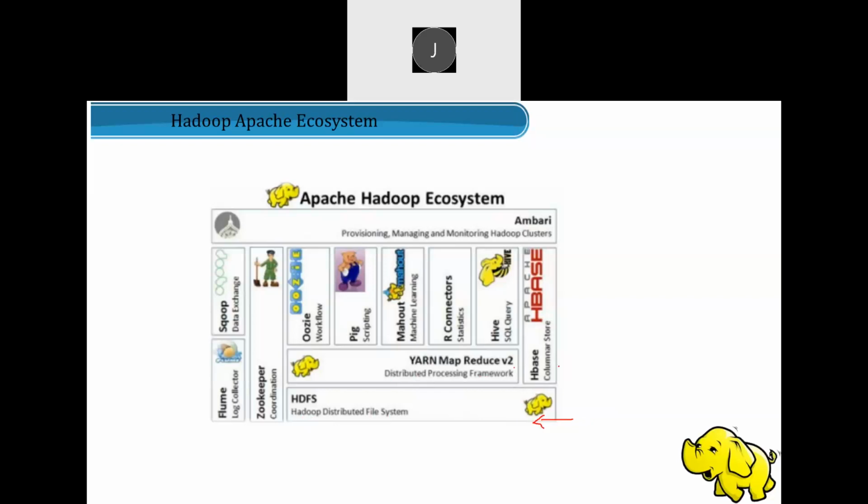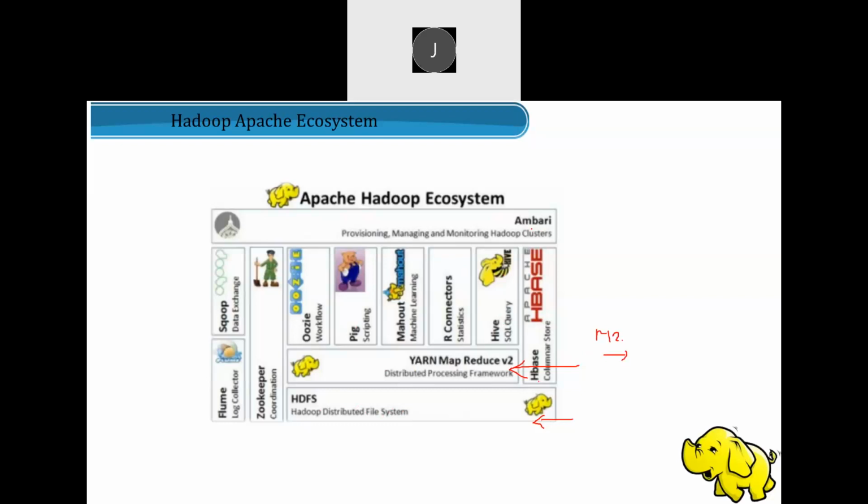Over it will run YARN to manage the resources, like the slaves and the master. And on top of it, you will have the applications running to process the data in your distributed file system, like MapReduce or Pig or Hive. We will start off with MapReduce itself.